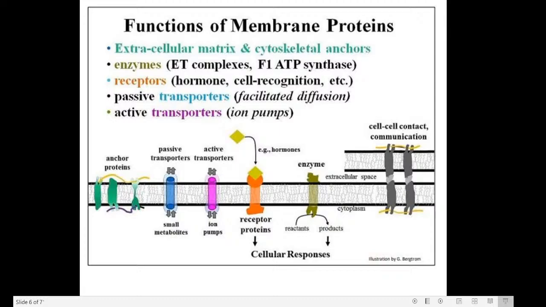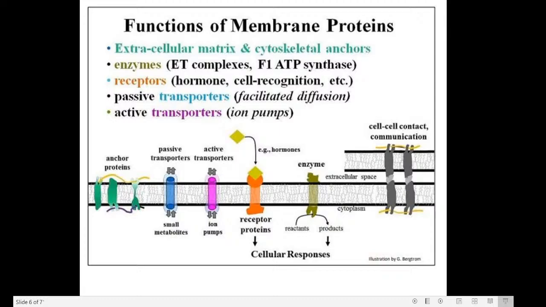The extracellular matrix has the cytoskeleton, which is the outer layer of the cell. The enzymes help with ATP synthesis and in enzyme-target complex formation. Then those enzymes activate cell signaling.